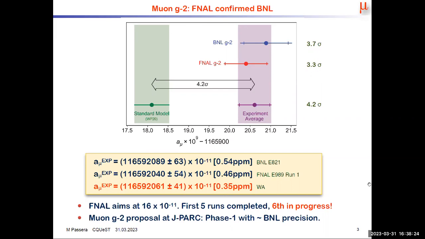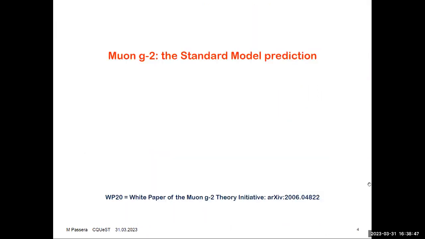Almost one over alpha physicists with expertise in the standard model, who did precision calculations and tried to come up with one single number, the standard model prediction. And as you see here, there is a tension of 4.2 sigmas. This is what we had at the time, but the situation has evolved, and you will see how it has evolved in the meanwhile. So let me start with the discussion of the standard model prediction of the muon g-2.